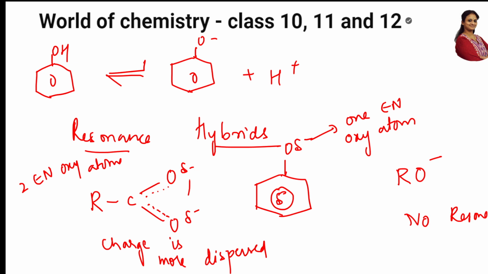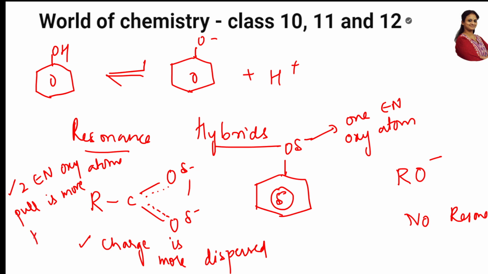That, I accept. But the release of H plus ion from carboxylic acid is easier because in this case, you're seeing the resonating structures are resonating inside the ring. So from here, this is dragging, this proton is released. This is dragging, the proton is released. That means because the charge is more dispersed, because there are two electronegative oxygen atoms, the pull is more.